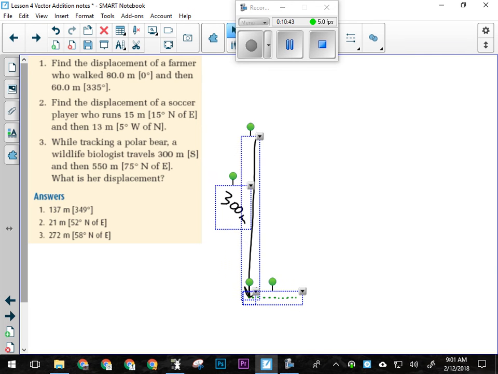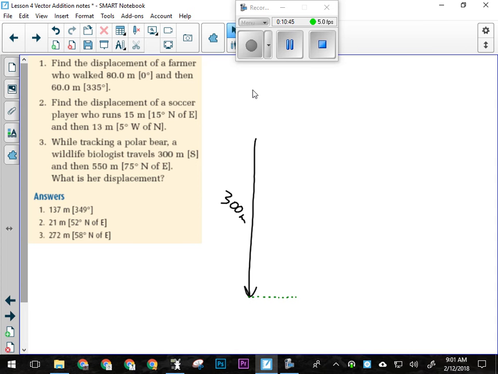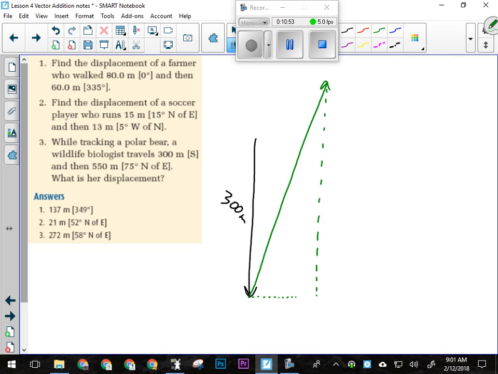So I'm just going to move this down so I have enough room to do that. So 75 degrees, something like this. There's my 75 degrees. This line is 550 meters in length. Here's its y component, here's its x component.